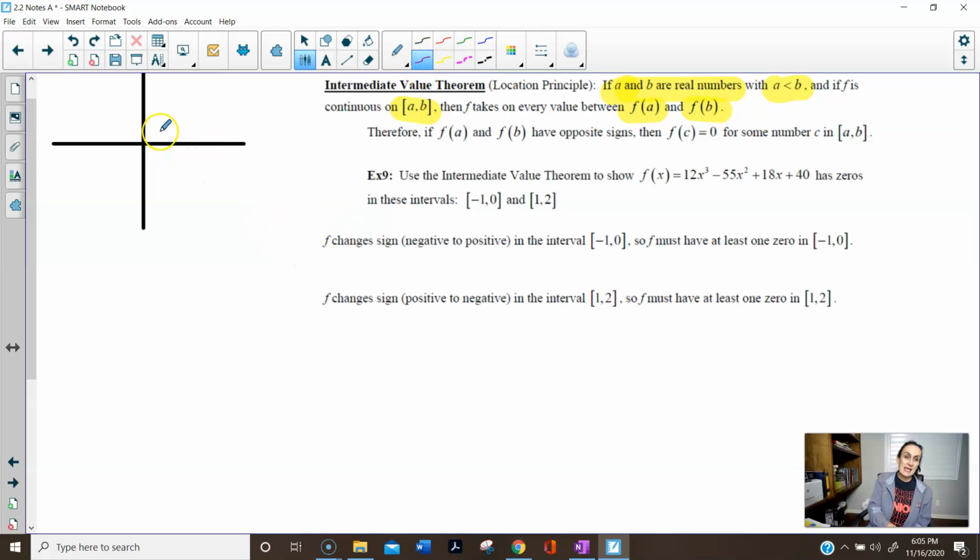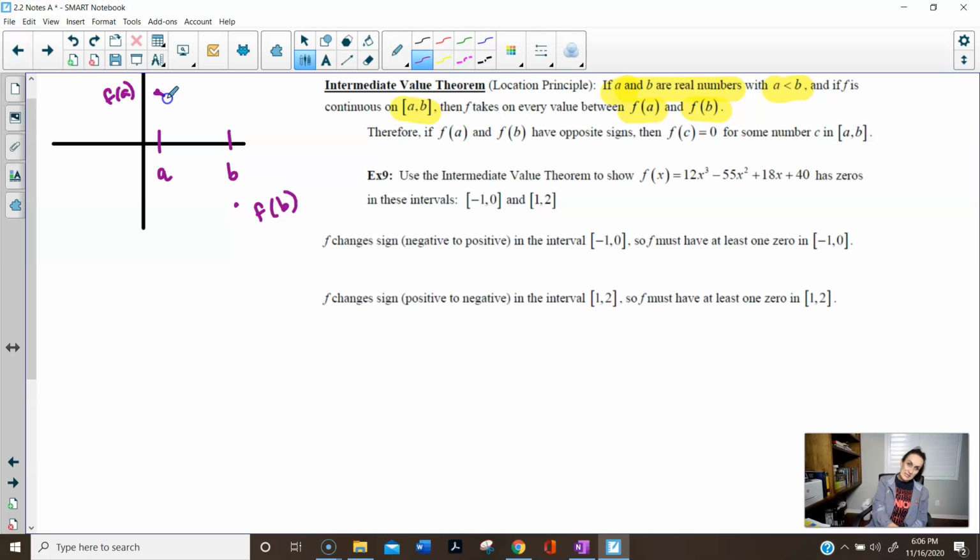So it says A is less than B. So if this is A, I would say this is B. And up here, I could call this F of A. And I could call this down here F of B. And it says this is continuous.